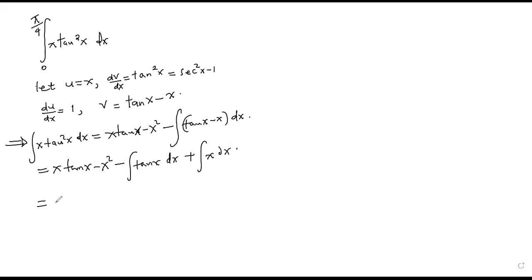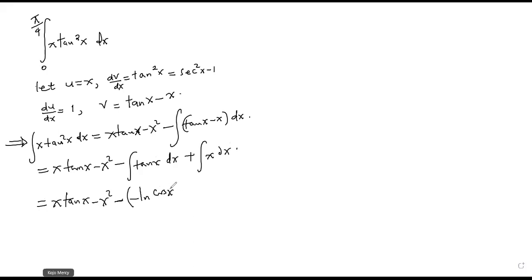This is going to be equal to x tan x minus x squared minus, when we integrate tan, I want to remind you that we get negative ln cos x.